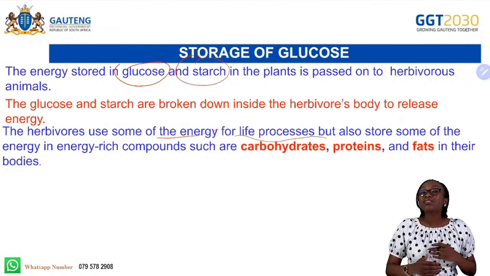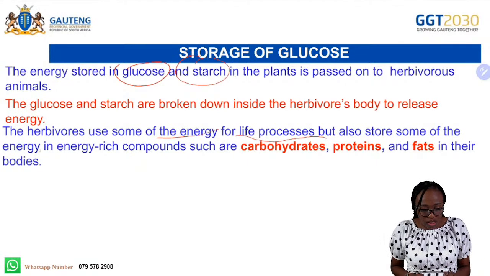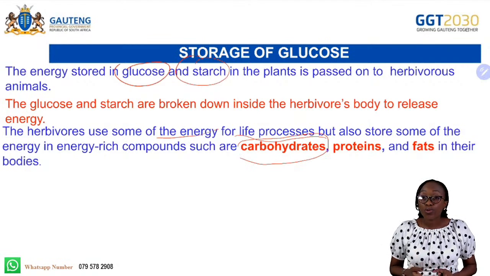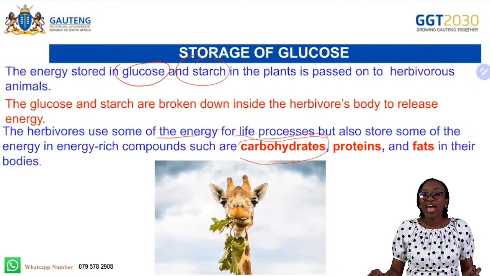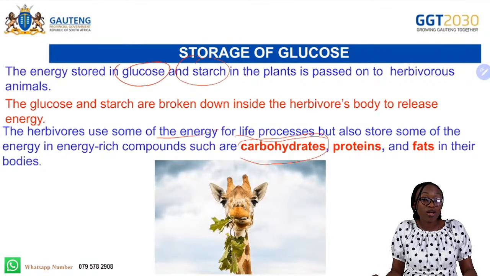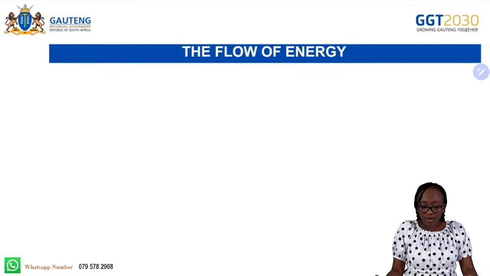But then it doesn't use all of the energy. It stores some of the energy in energy-rich compounds such as carbohydrates, proteins, and fats. And there's a giraffe chewing on a part of a plant. I'm sure it's going to get some energy from that plant.